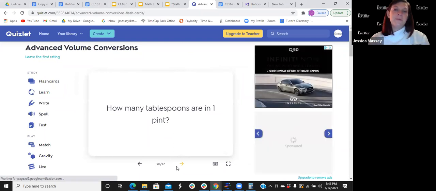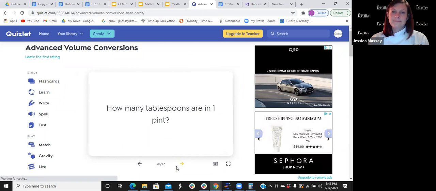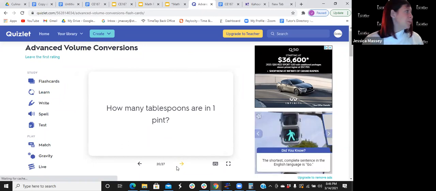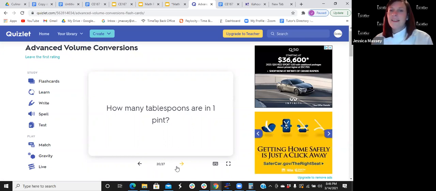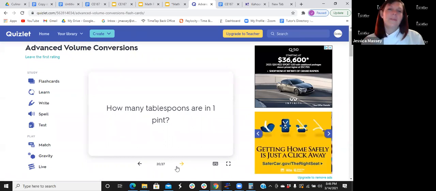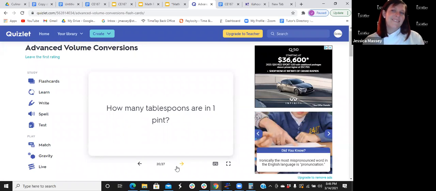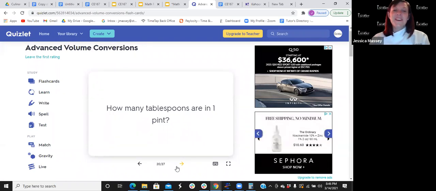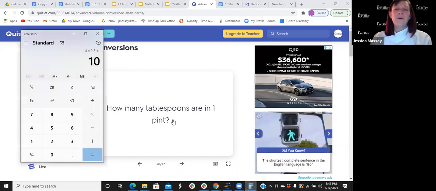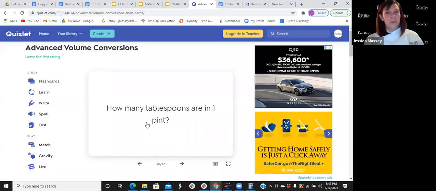How many tablespoons are in 1 pint? Tablespoon is smaller than a pint. This is a 2-step kind of thing, if you really want to break it down. So you don't just know how many tablespoons are in 1 pint, but think of what you do know.